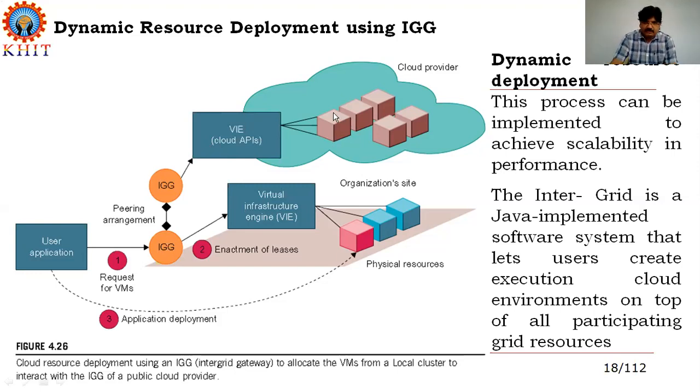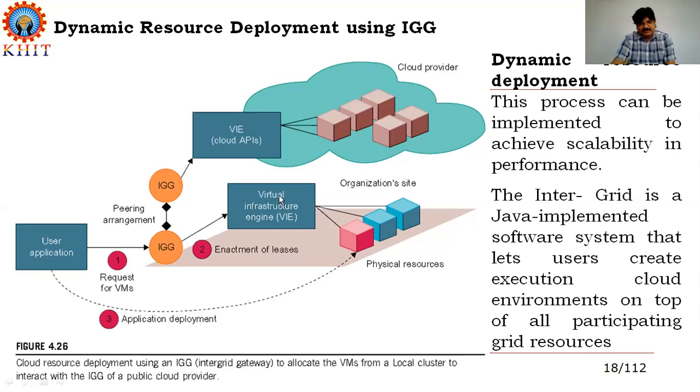This is one methodology. Another one is whenever the end user wants to deploy the resources in the organization site. Through the private cloud, he sends a request. The request is processed by the intergrid gateway, and it is processed through the virtual infrastructure engine, VIE.